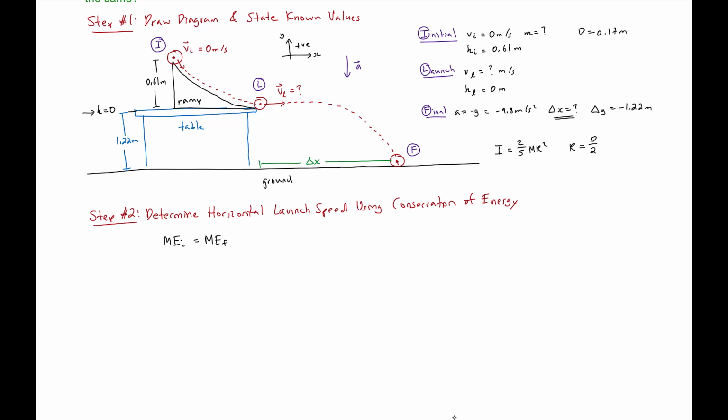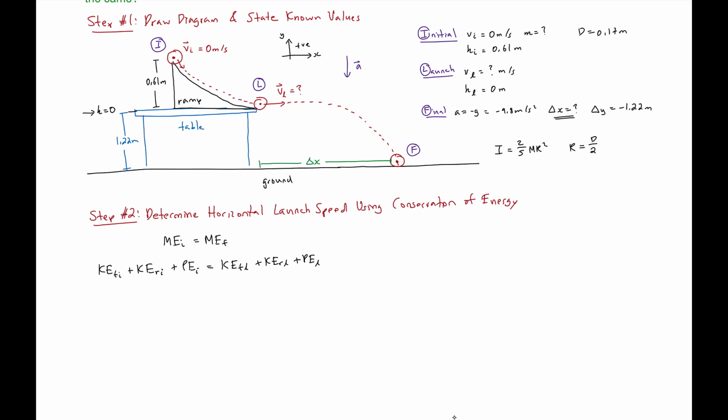ME initial is equal to ME final. We have the initial translational energy plus the initial rotational energy plus the initial gravitational potential energy. Then we have KE T at launch plus KE R at launch plus PE at launch.